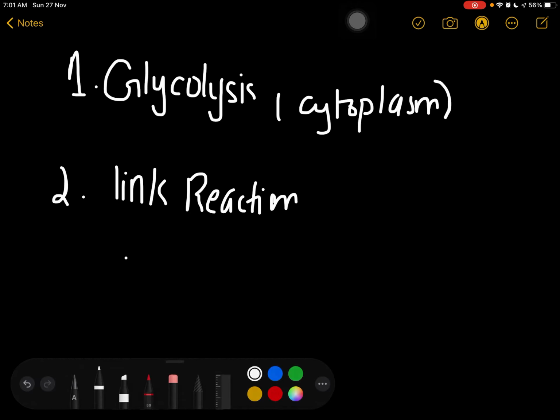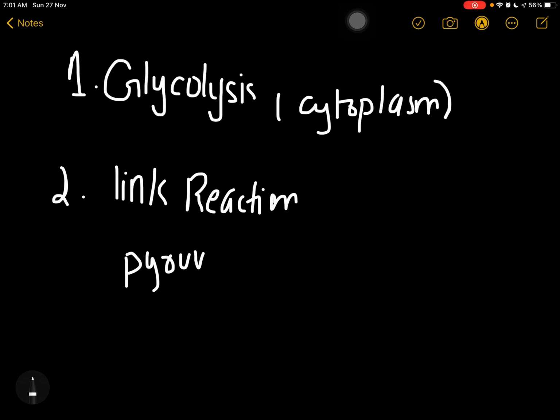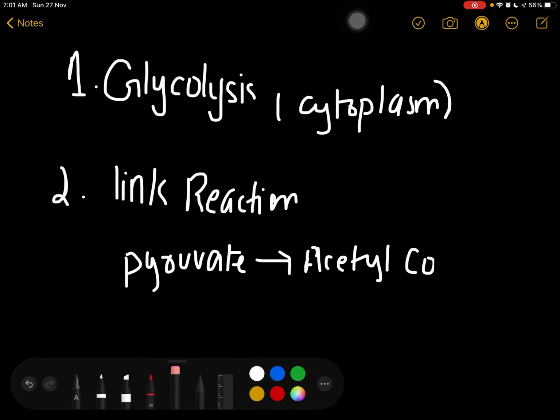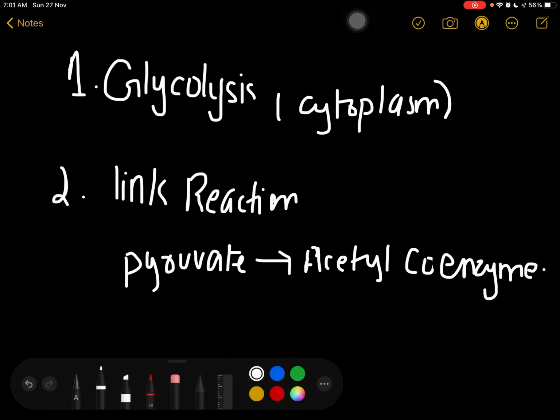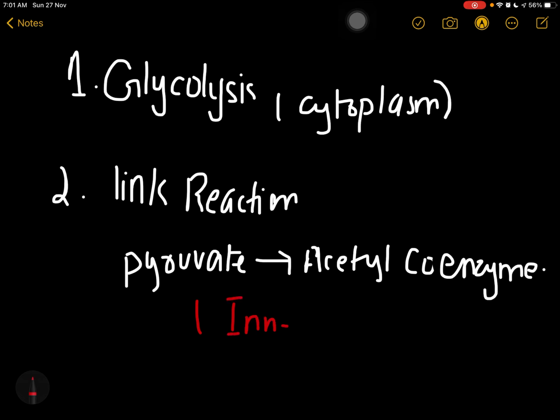So in this link reaction, pyruvate is converted into acetyl coenzyme A in the intermembrane space.